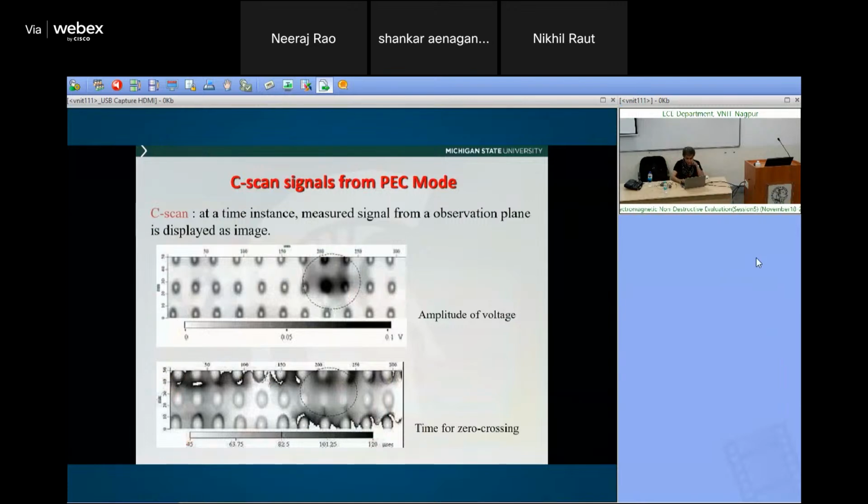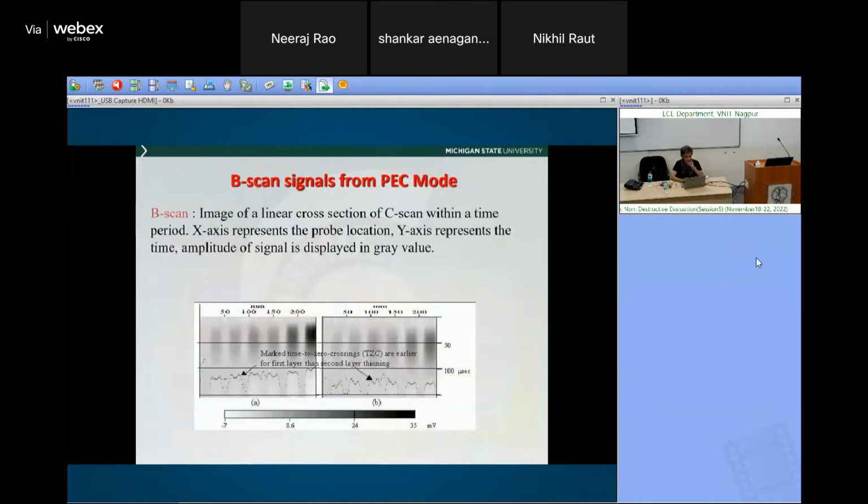That is one. And this is again using pulsed eddy current mode signal, and you have a linear cross section. So you're basically taking a line scan across a C-scan image.